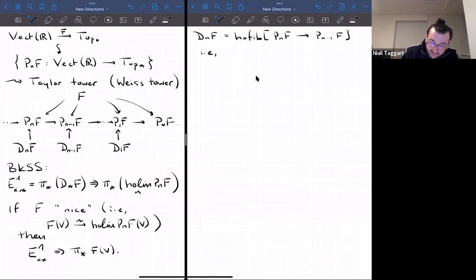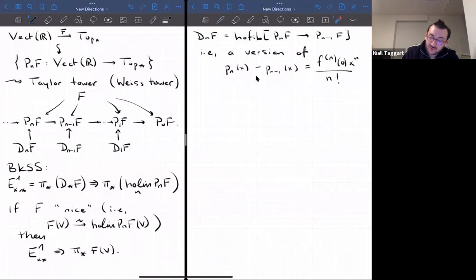So it's really a version of the difference between little p_n of x and p_{n-1} of x from differential calculus, right? And we know what this guy is. This is the antiderivative, well, maybe at 0 if I cheat a little. So really what you want is a formula for this guy involving some notion of the derivative of a functor. And that's exactly what we're going to do. So let's talk about derivatives.